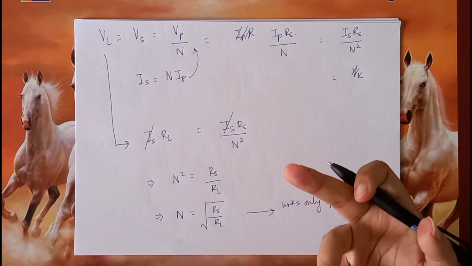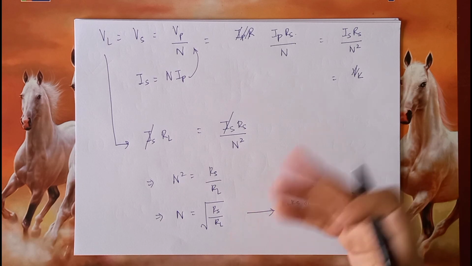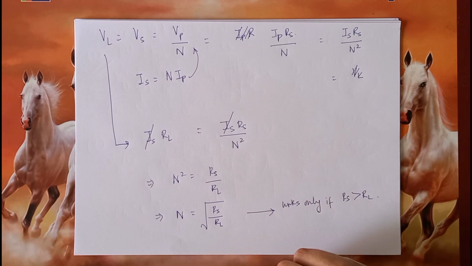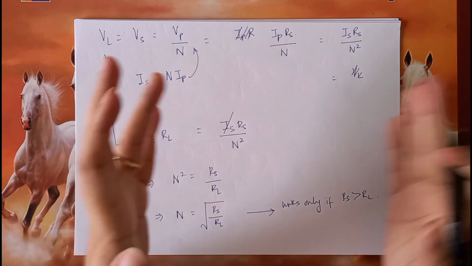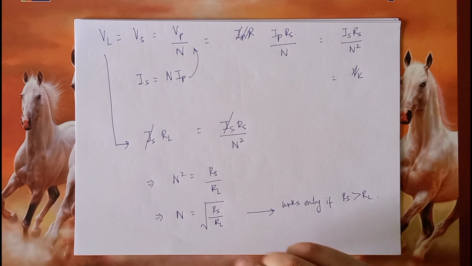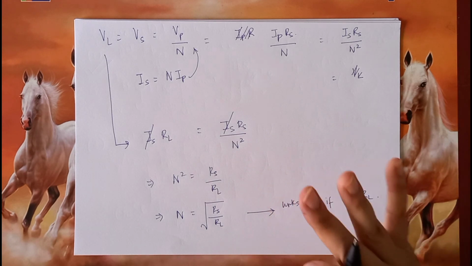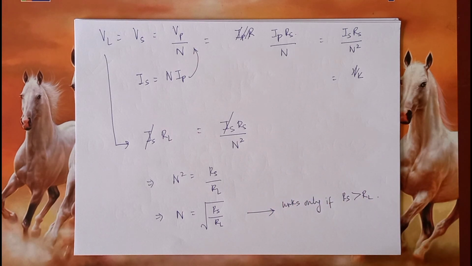Even though ideal transformers are lossless, most transformers do have some loss, like eddy current loss or core losses. So if we want to make our circuits compact, we have to be extra careful to design our transformer in such a way that the losses are minimized.